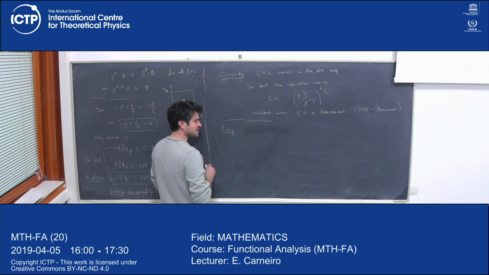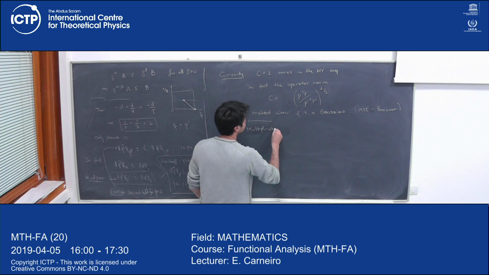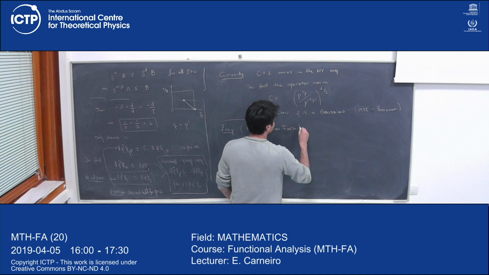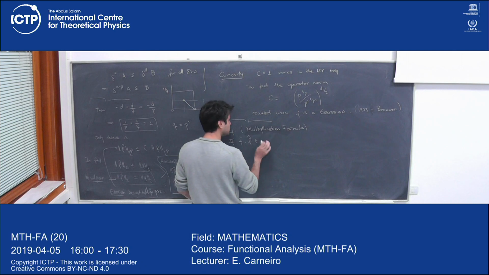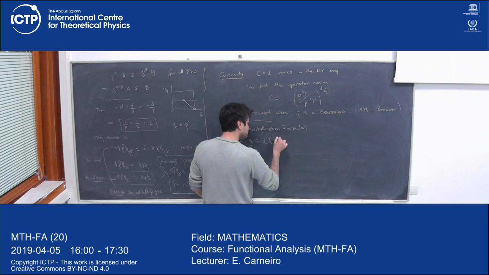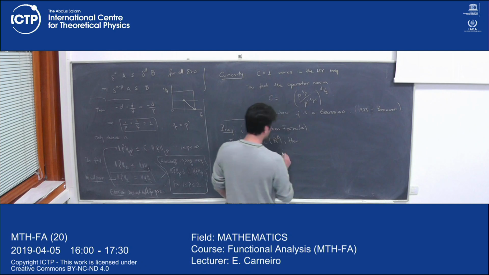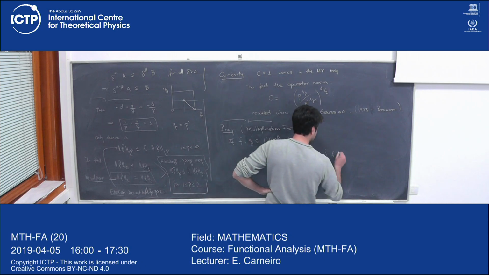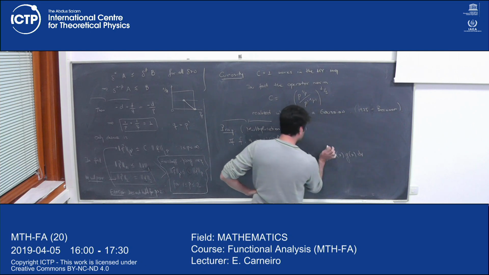The proposition we ended up proving in the last class was this multiplication formula. That is, if f and g both belong to L1 of R^d, then we have that the integral of f of x g hat is just equal to the integral of f hat g, right?